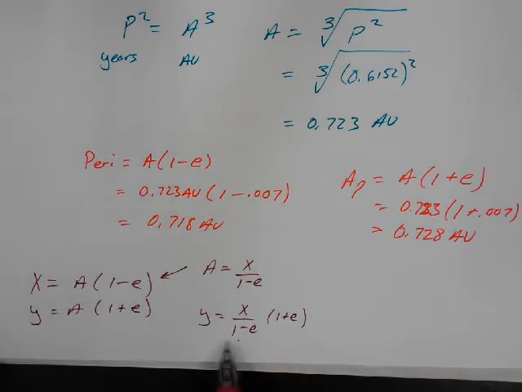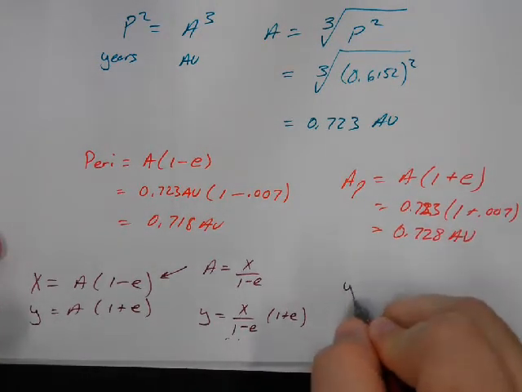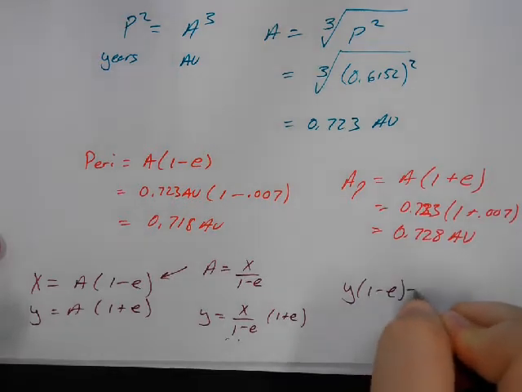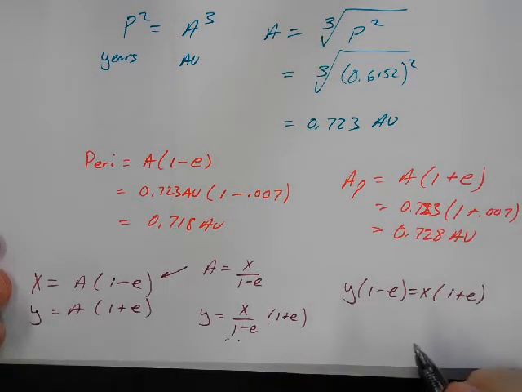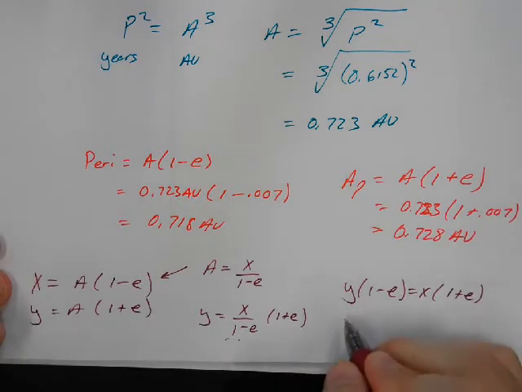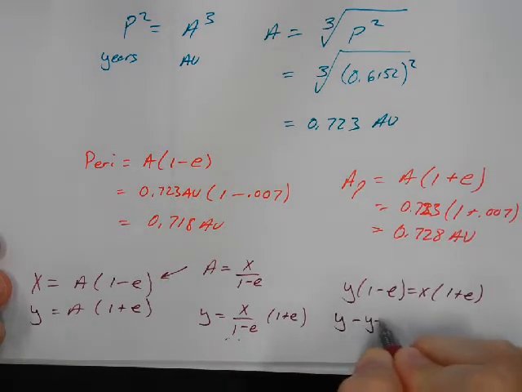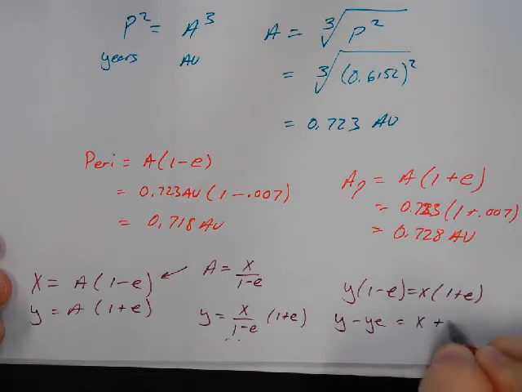Okay, and so there are some tricks. You do Y times 1 minus E is X times 1 plus E. And so you can rearrange this: Y minus YE equals X plus XE.